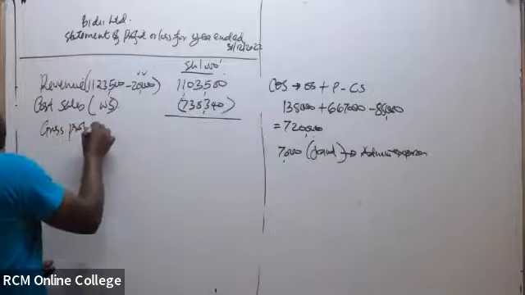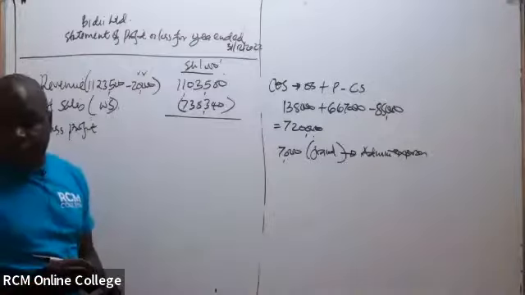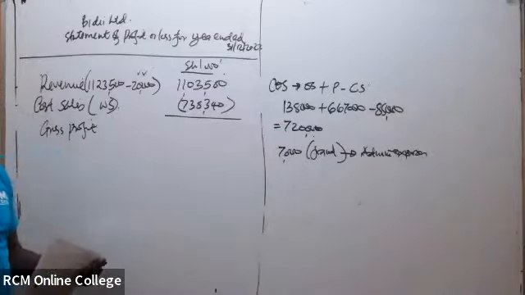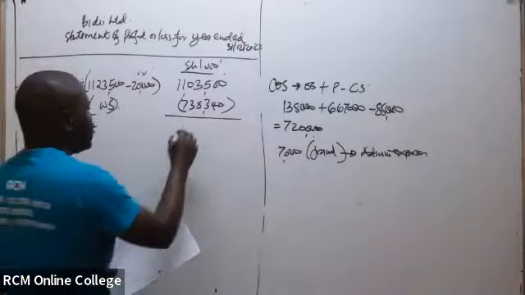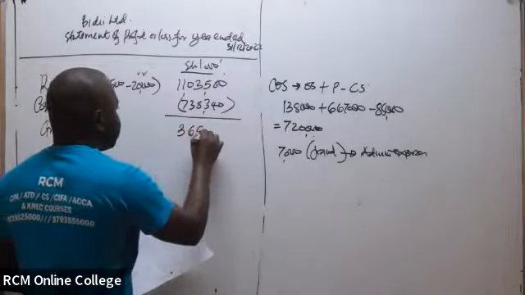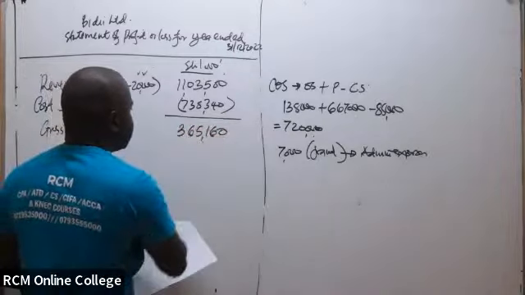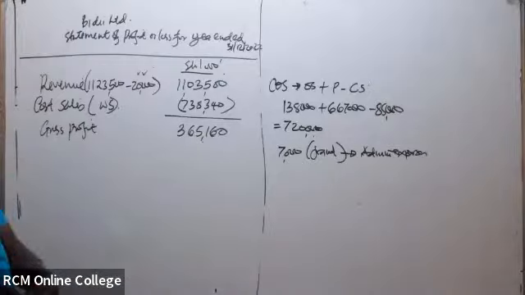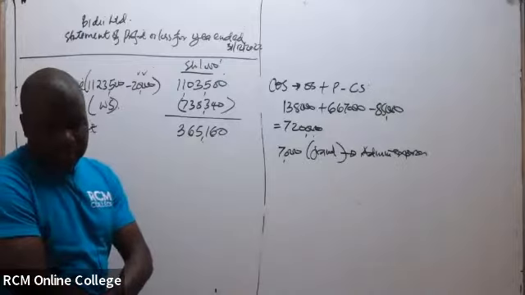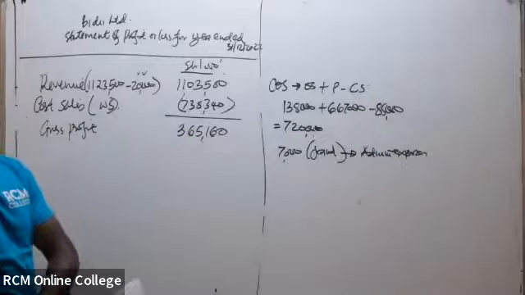The gross profit comes to how much? 365,160.